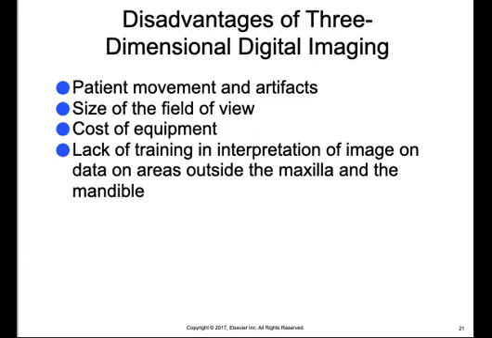The FOV should include not only the region of interest, but also anatomic features related to the region of interest. For example, if a patient presents with pain in a maxillary molar tooth, to appropriately diagnose this condition, the FOV should include the maxillary posterior teeth, the temporomandibular joint, or TMJ, the auditory complex, and the paranasal sinuses.